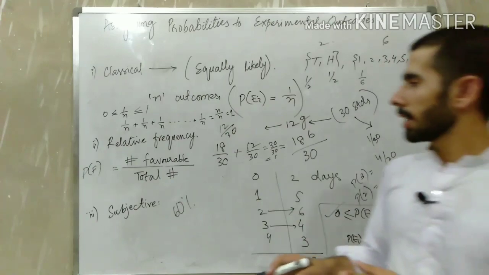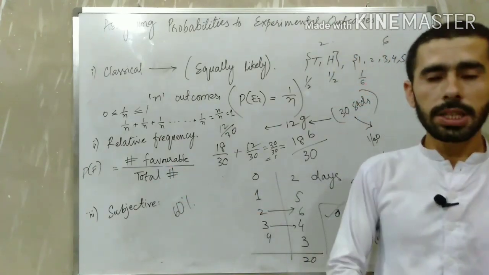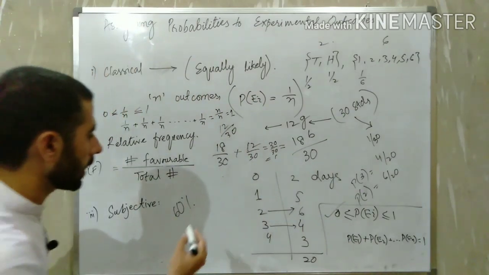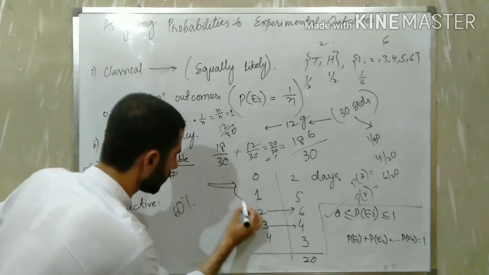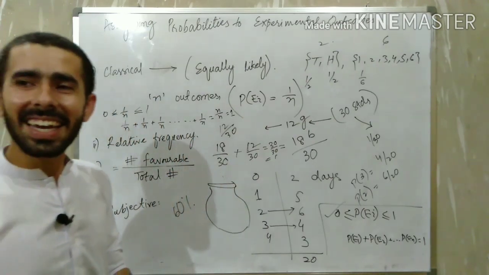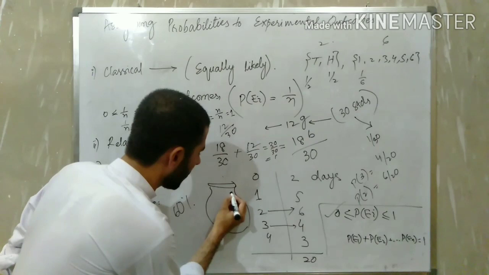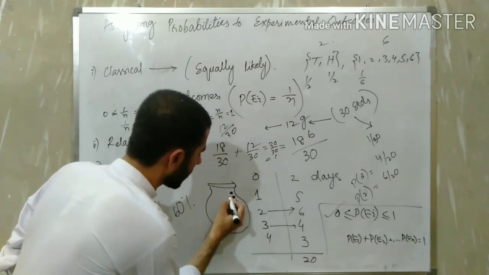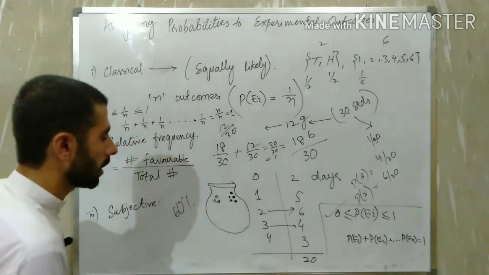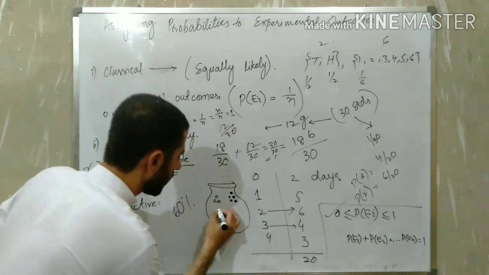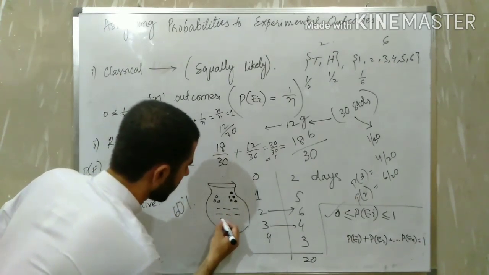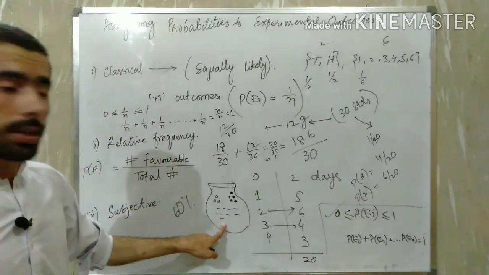Similarly, if we consider any other example for the relative frequency case, like maybe we consider a jar. This is a jar, you need to agree. And that jar has maybe 5 black marbles, 3 white marbles, and 7 blue marbles.